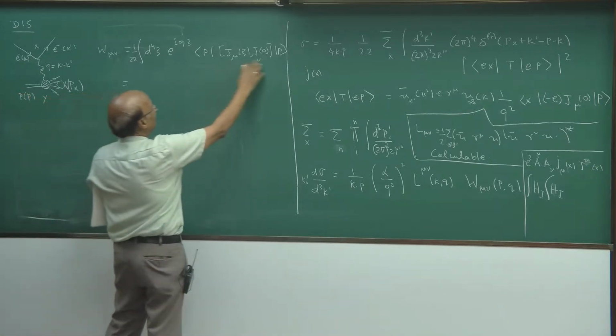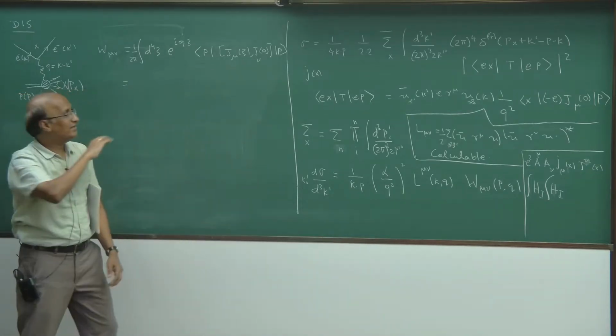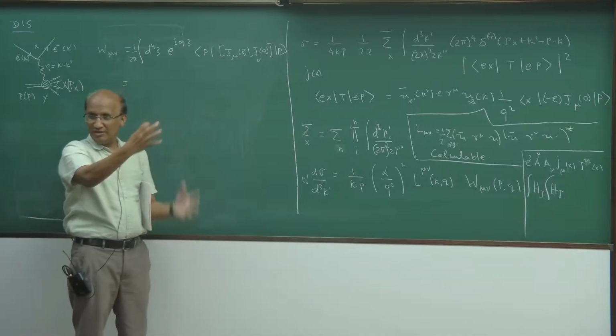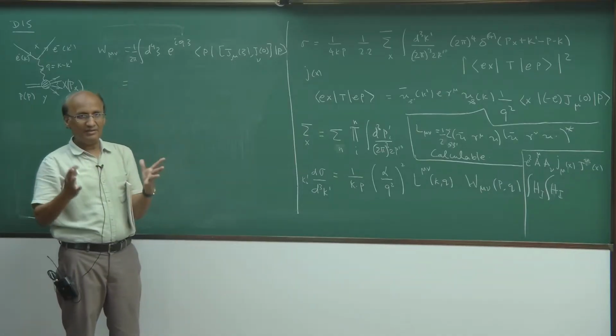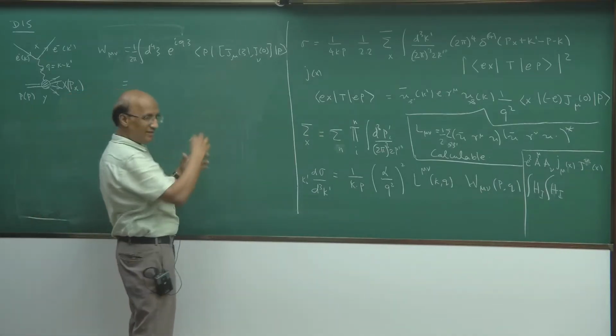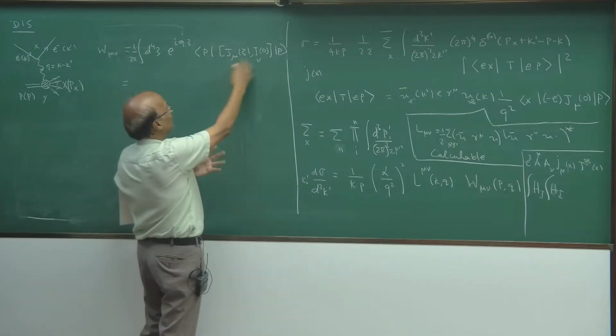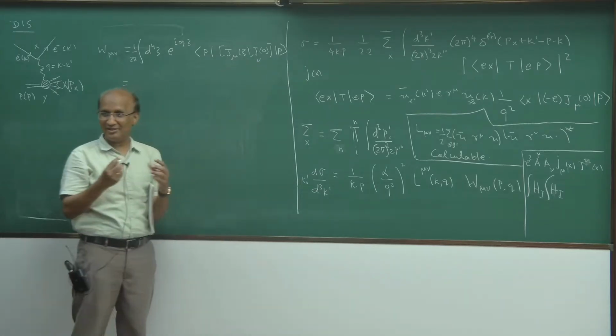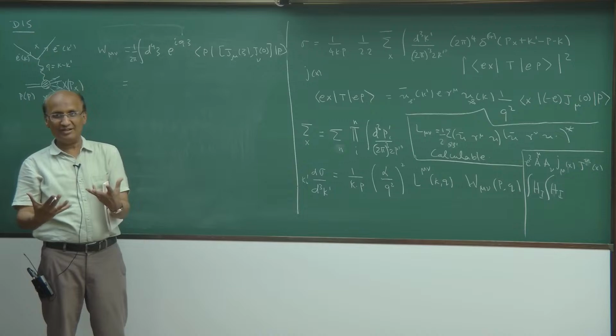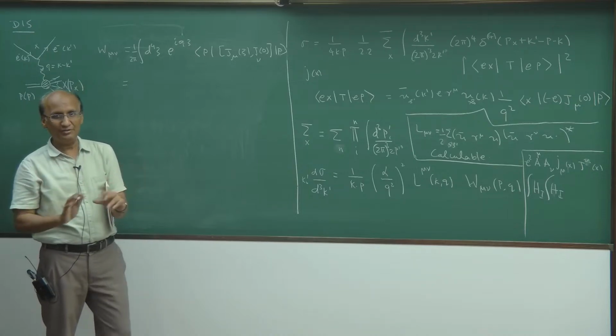As I said, I can't compute this quantity, neither the commutator nor the matrix element. If I knew how to compute the commutator, that would at least be one step of progress. And even if you compute the commutator, you need to compute the matrix element of that commutator. That's another non-trivial task. So I am not going to do any of these things.